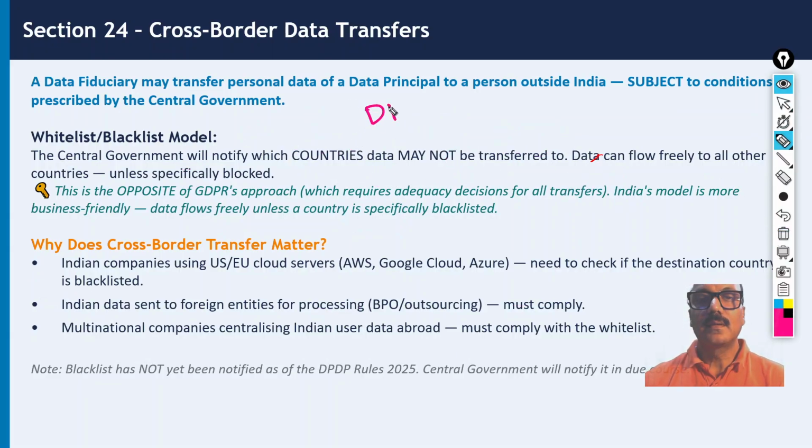that the DPDP Act provides data transfer restrictions through that list, the blacklist and all.